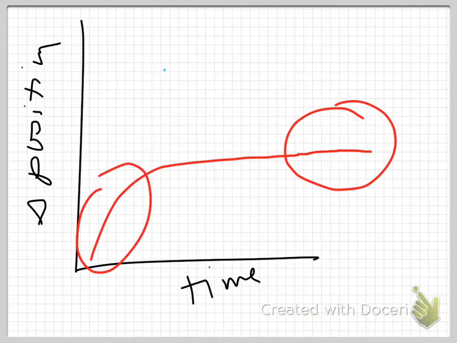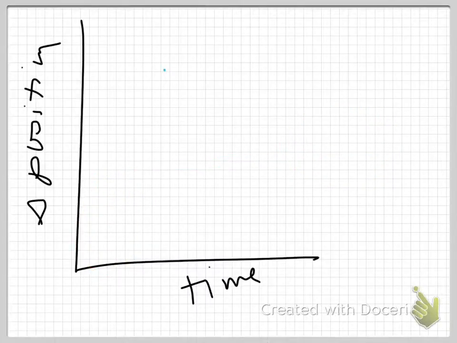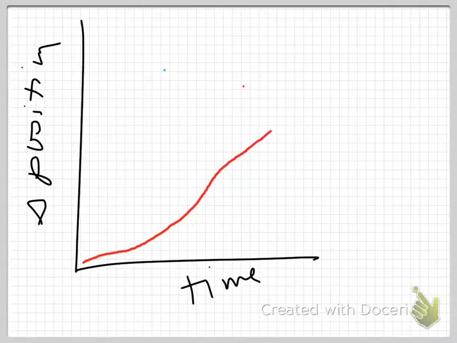Let's look at one more object in motion here. And this might be a more realistic depiction of something. Okay. With apologies for bad drawing.